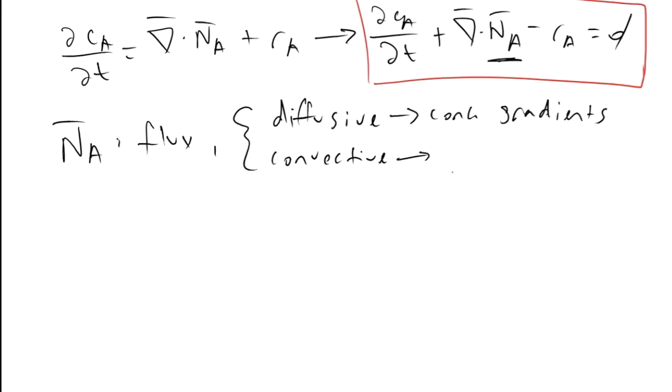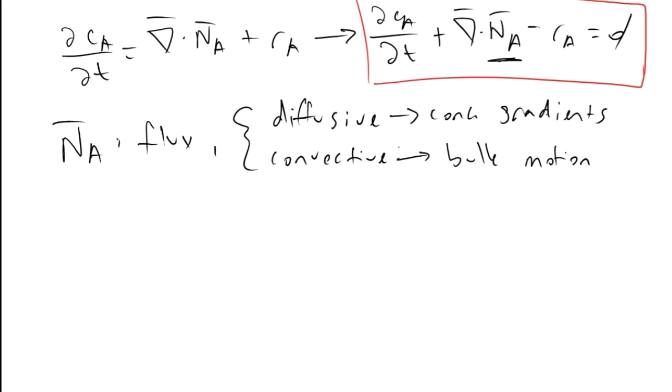And convection is the result of bulk fluid motion. So if you have like a pipe flow, it's being driven by some other external force that is not a concentration gradient. That's just bulk motion, and so our flux vector has to take into account both of these forces. So for the sake of simplicity, we will again only examine the x component of our flux vector.